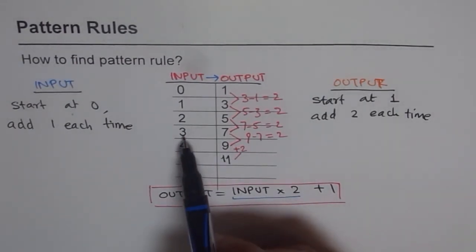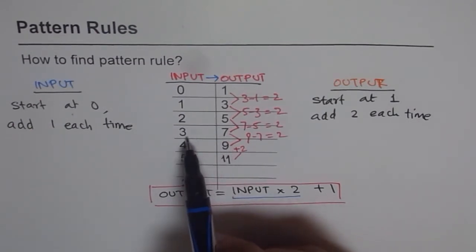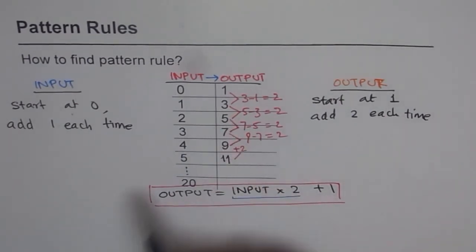But when you multiply input by 2, you don't get the number. So you may have to add or subtract something. What is that something? It is 1 in this case, so we write plus 1. And we try it out with a couple of things and we get our answer. So that is how you figure out the rule.